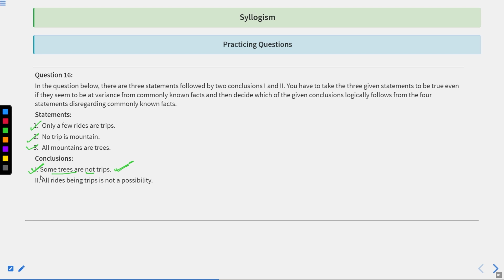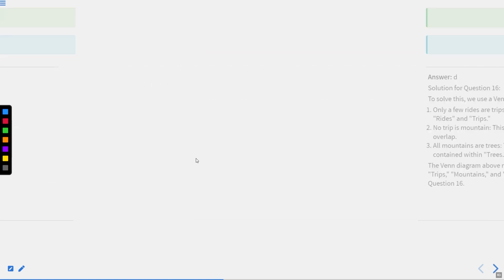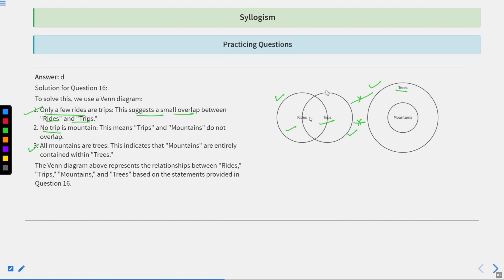Now, based on the statements and the Venn diagram, we will try to understand the second conclusion: all rides being trips is not a possibility.